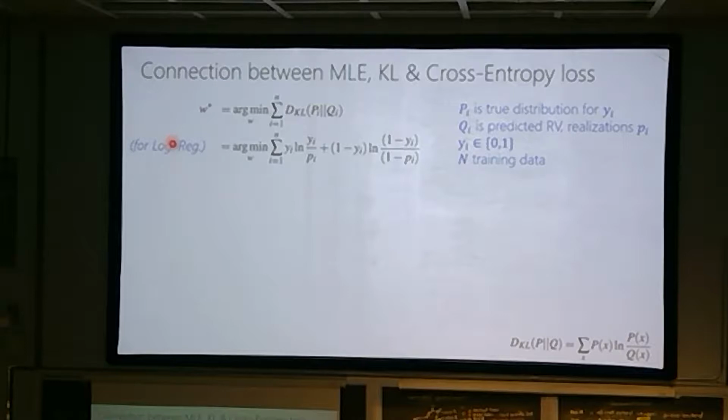But in the case of logistic regression, this is just a template x. Up here, it's actually over y, so all values of y, but y only has 2 values, and so when I apply this sum here, I just get these 2 terms. One is for when y is equal to 1, and one is for when y is equal to 0. So I'm just plugging in the definition of the DKL using logistic regression.